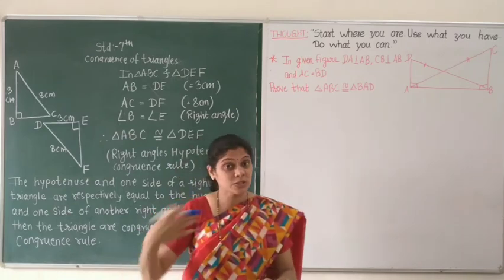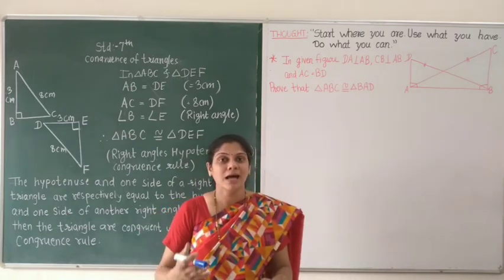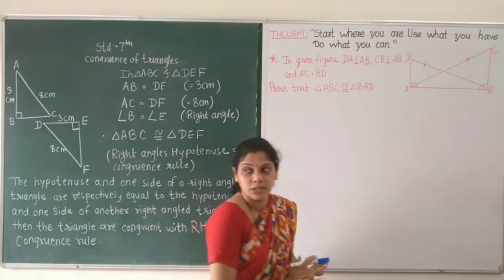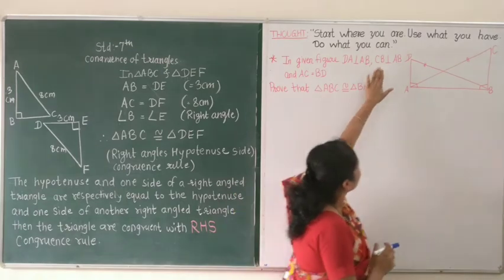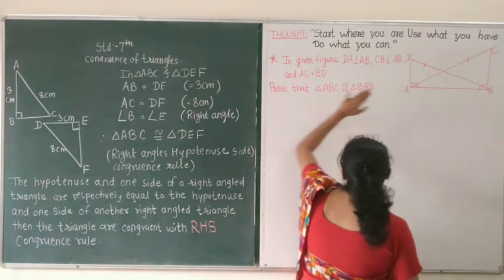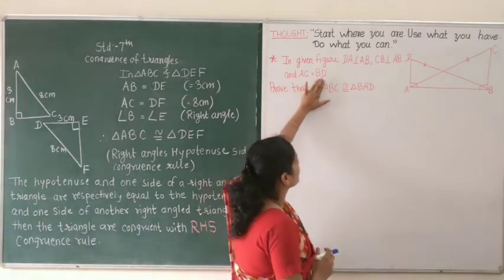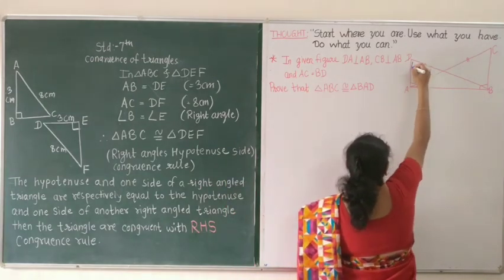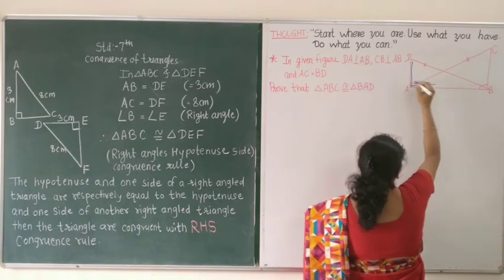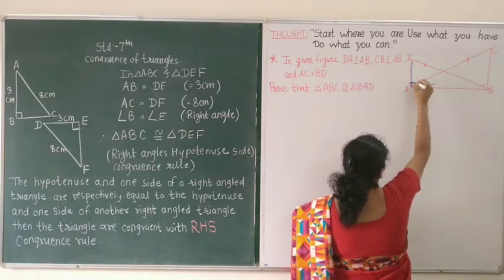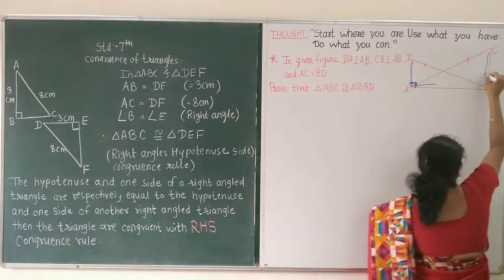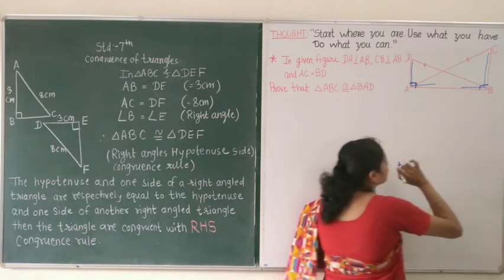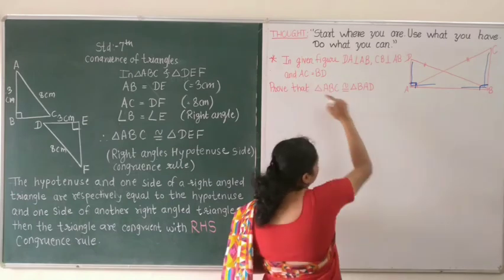90 degrees, that means which congruence rule can we apply? RHS, right angle hypotenuse side. Okay, so CA is perpendicular to AB and AC is equal to BD. Look here, BA is perpendicular to AB and here it makes a 90 degree angle, and CB is perpendicular to AB, so here it is also making a 90 degree angle, and AC is equal to BD.